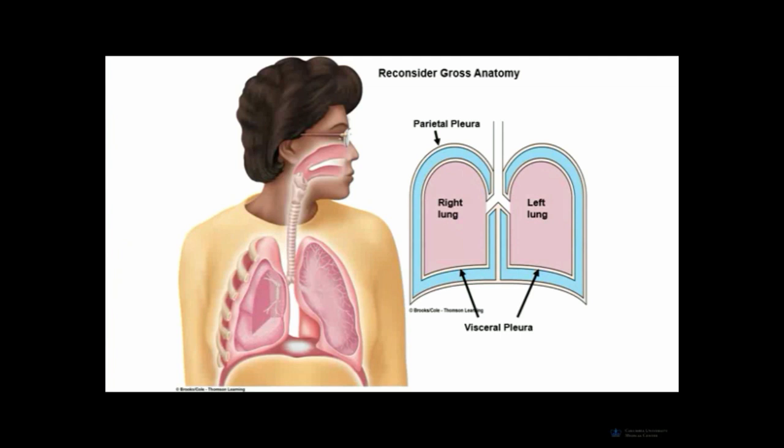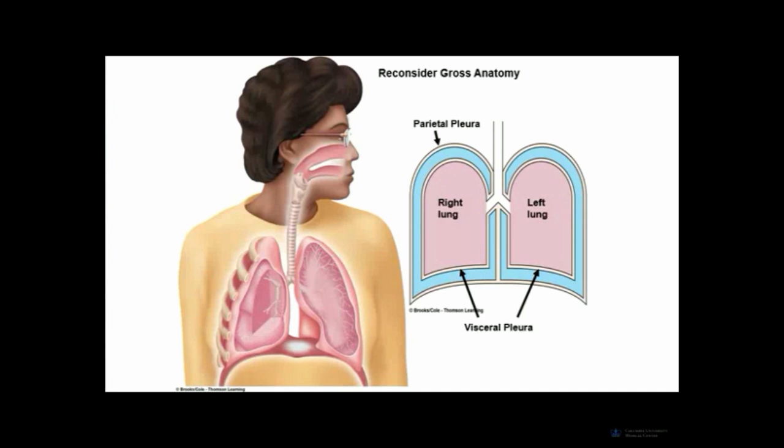Because the lungs are stuck to the thoracic cavity wall, they don't collapse. They want to collapse, but they don't because of that surface tension. If there's any break in those pleural membranes, such as a puncture wound to the thoracic cavity, what happens on that side?